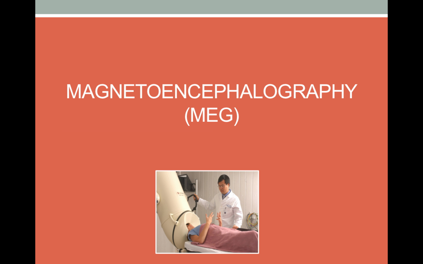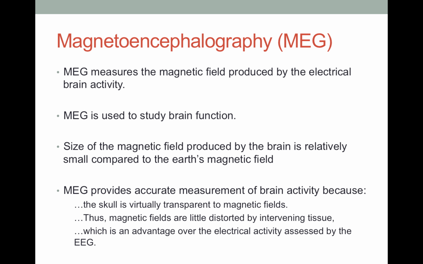So let's move on to MEG, which stands for Magnetoencephalography. MEG is used to study brain function and measures the magnetic field produced by the electrical activity in the brain. The size of the magnetic field by the brain is relatively small compared to the Earth's magnetic field.